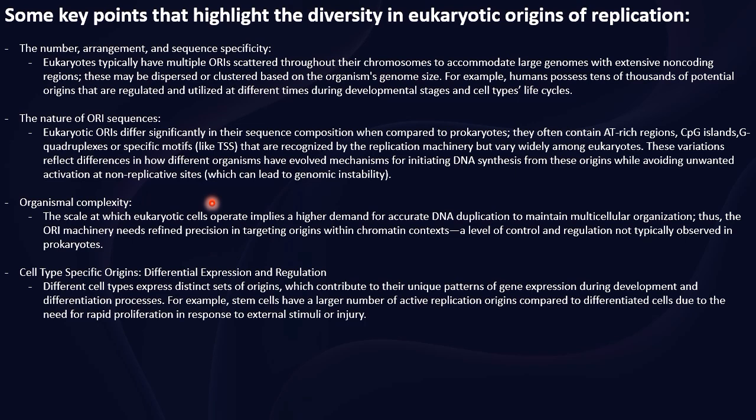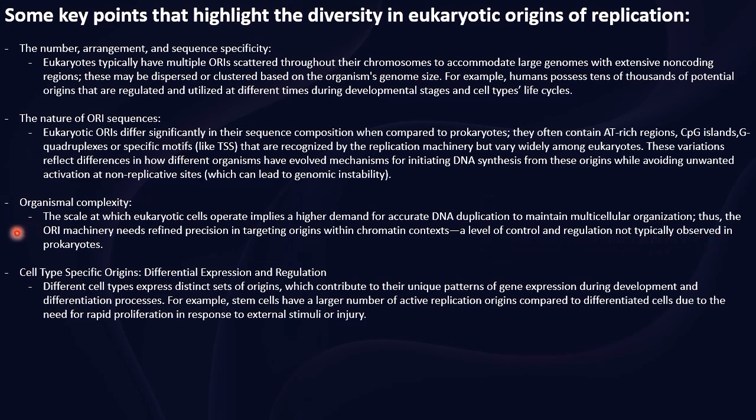Thus, the ORI machinery needs refined precision in targeting origins within chromatin context, that is the epigenetic regulation, which includes methylation, acetylation, histone modification, or modified histone complexes like H3.1, etc. A level of control and regulation not typically observed in prokaryotes.